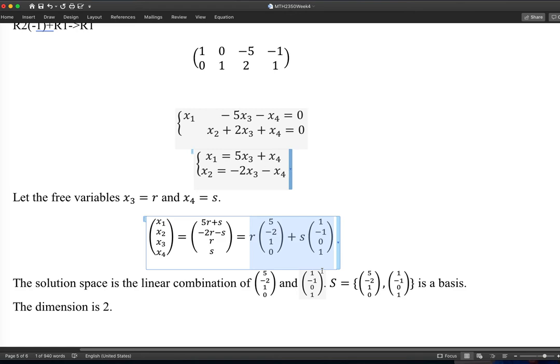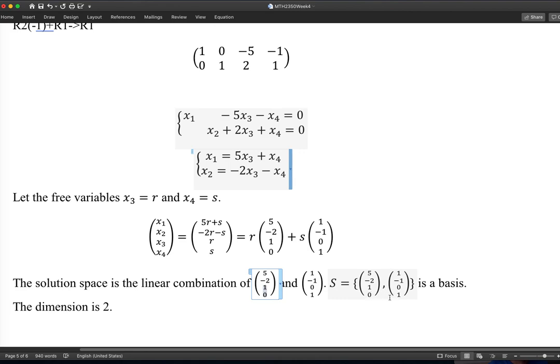I hope you see those 2 vectors are linearly independent. Two vectors are linearly dependent if and only if they are scalar multiples of each other, and clearly they are not scalar multiples of each other. So the solution space is the span of those 2 linearly independent vectors, and this forms the basis.